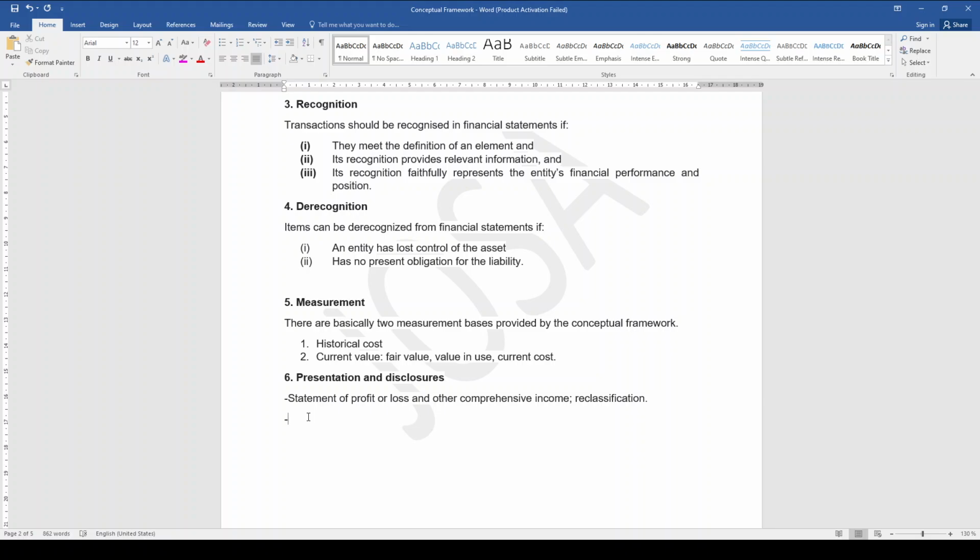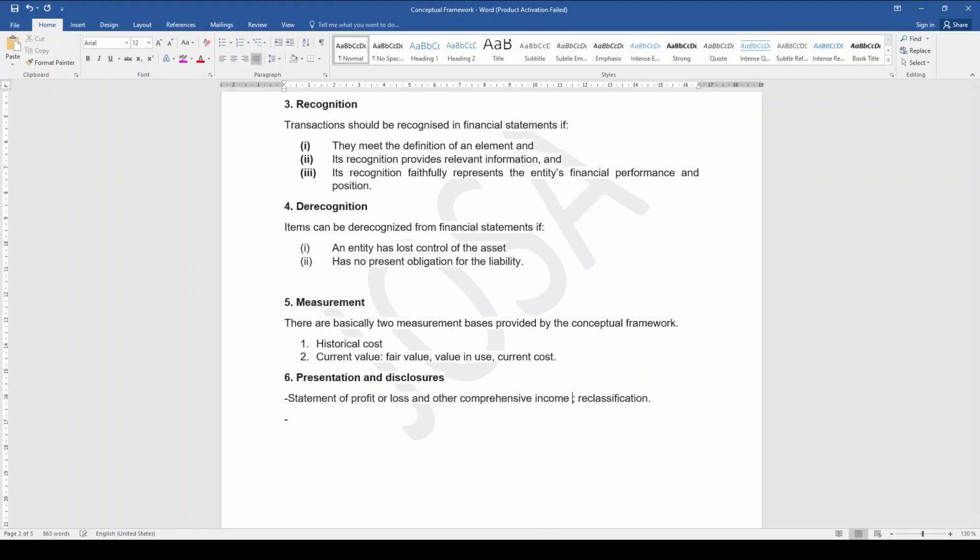In fact, when I'm reviewing financial statements, when it comes to other comprehensive income, I always check, has the accountant clearly specified items to be reclassified to profit or loss? That is one. Then items not to be reclassified. And those that are under not to be reclassified, I expect them to appear in the statement of changes in equity at the end of the reporting period.